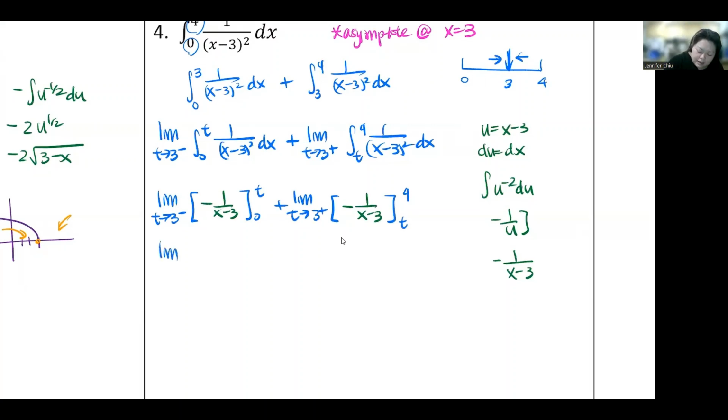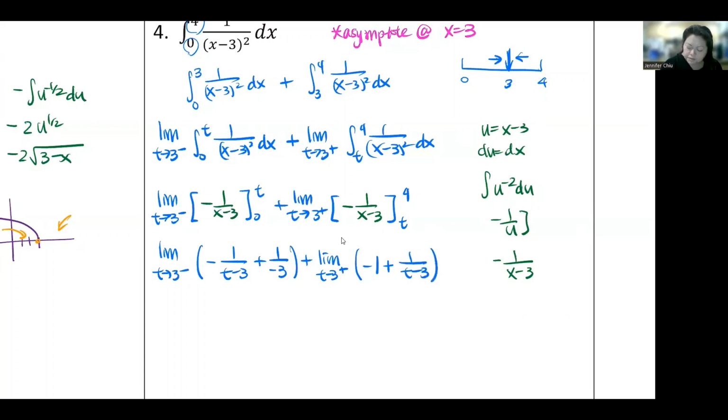I get the limit as t approaches 3 from the left-hand side of negative 1 over (t minus 3), minus a negative, so plus 1 over (0 minus 3), so negative 3. Plus, limit as t approaches 3 from the positive side, plugging in the 4, I get negative 1 over (4 minus 3), so 1. Minus a negative, so plus 1 over (t minus 3).